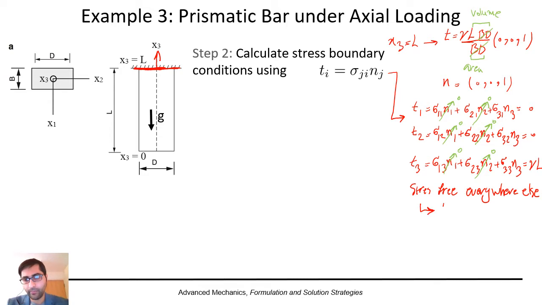So sigma 1, 1 is the same as sigma 2, 2, the same as sigma 1, 2, 0.